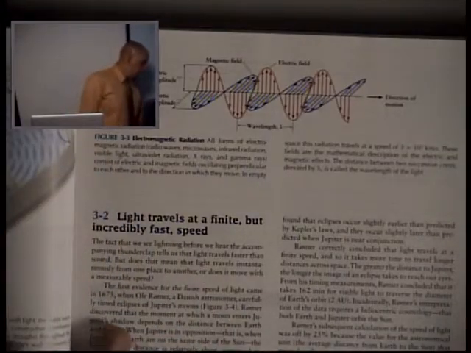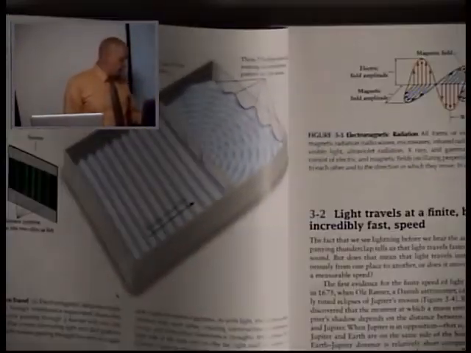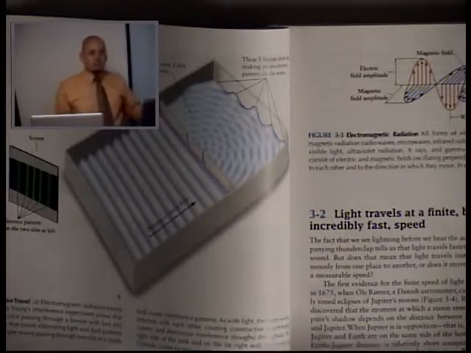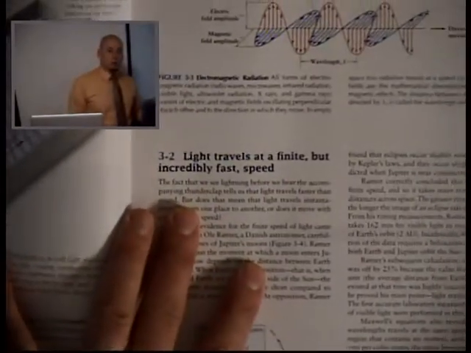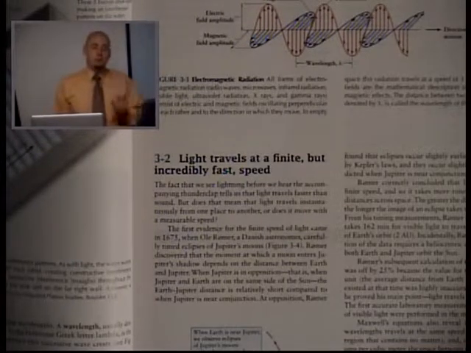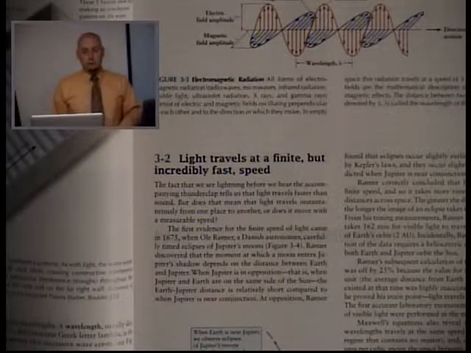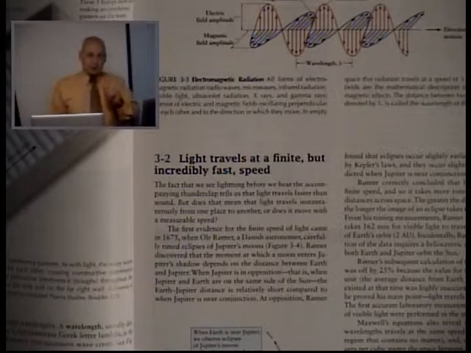Now, in here they talk a little bit about the nature of light, how light moves quickly, how it behaves as a wave, and explain a little bit about the basic fundamentals of the motion of light. The one that you need to know is, of course, that light travels very, very fast. Light is the fastest thing we know of, but it does have a speed limit.